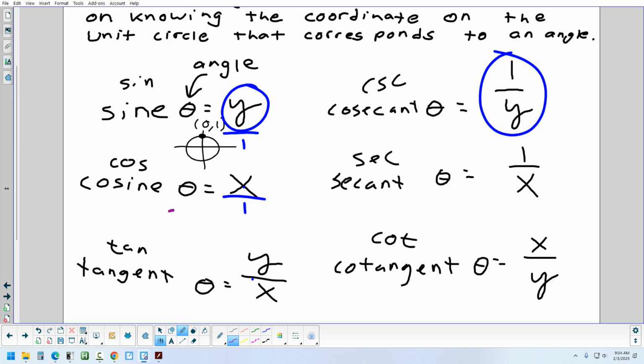So the trick, has anybody seen this before? SOHCAHTOA? Yeah. So sine is opposite over hypotenuse. If you've seen that before, that's right triangle trig. It's a little bit different than what we're doing, but it's still kind of the same idea.